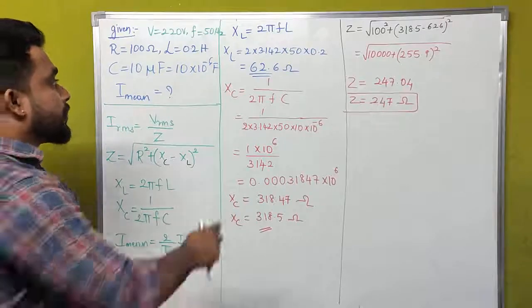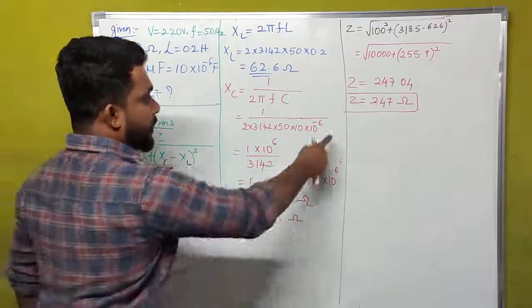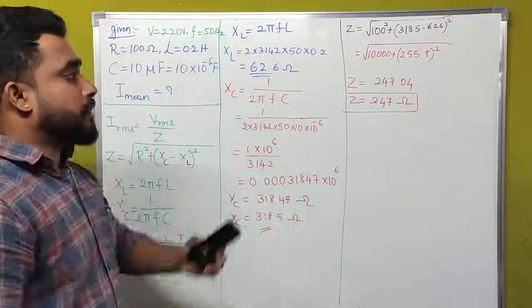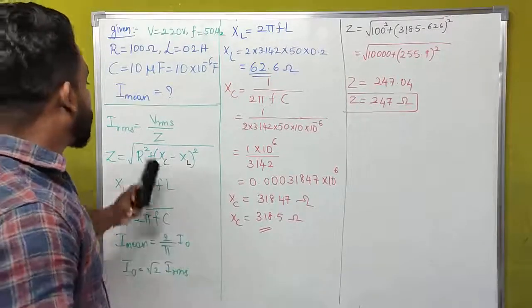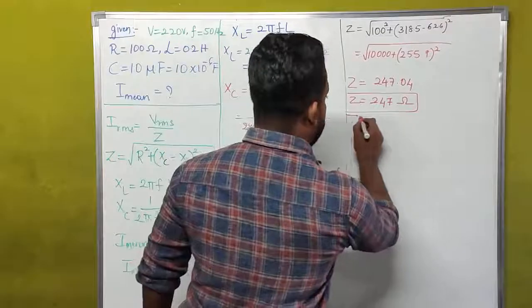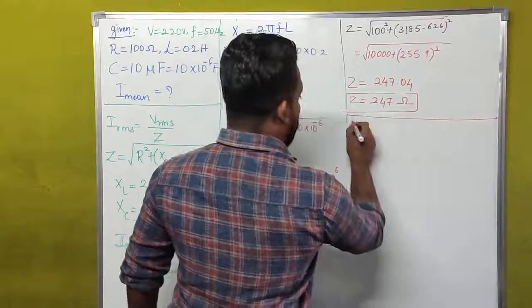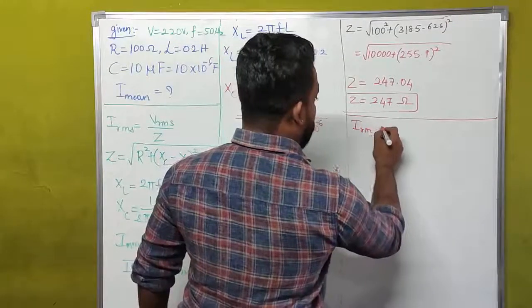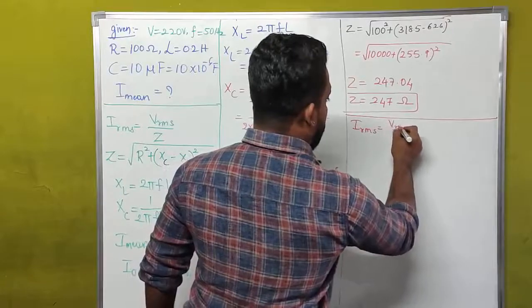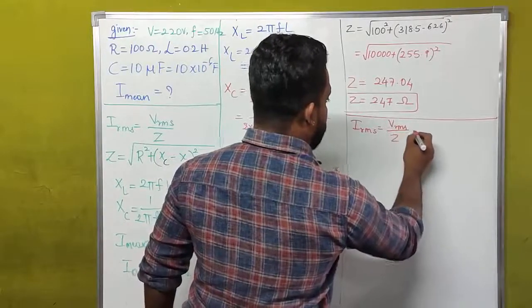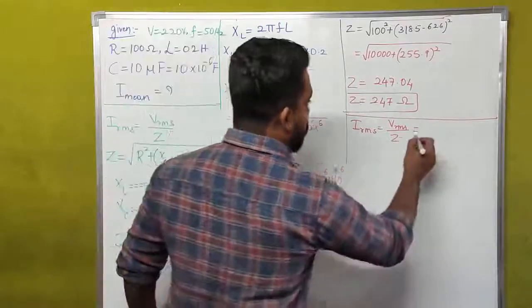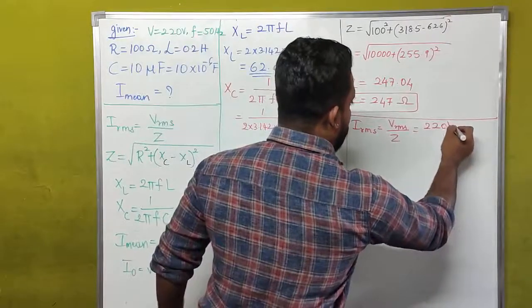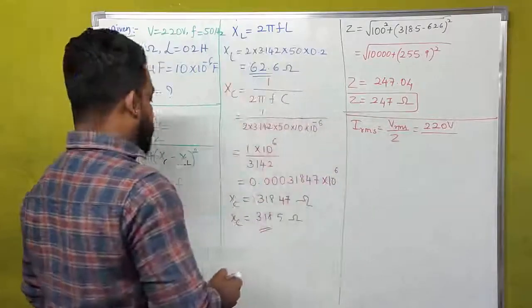Now what we have got? XL, XC and Z. By knowing the value of Z, we can easily identify the value of IRMS of the current. IRMS is equal to VRMS divided by Z. What is the value of VRMS? That is, voltage is equal to 220 volts divided by, what is the value of Z?